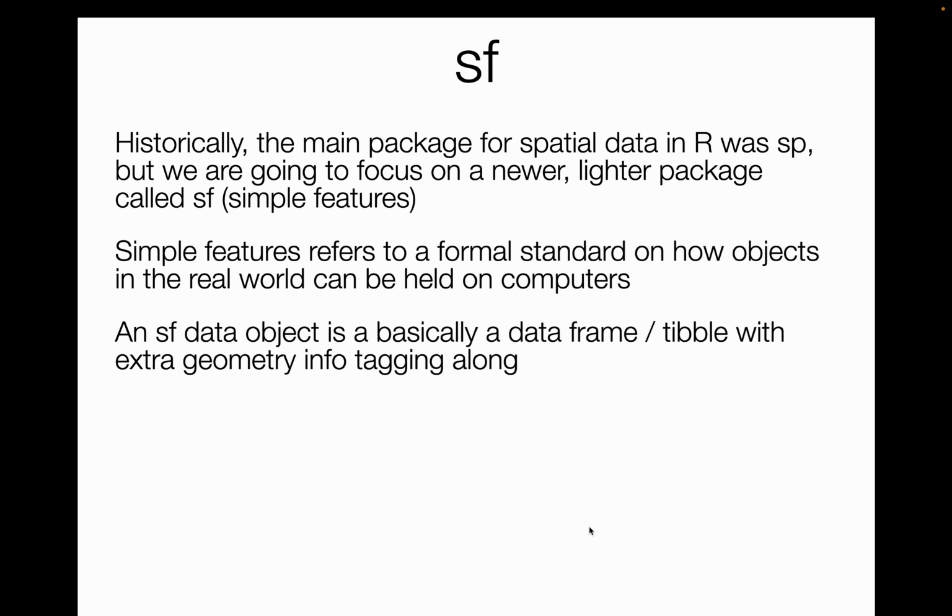An sf data object is basically a data frame or tibble that has extra geometry info tagging along. So it's going to be easy to work with because it's just a data frame or tibble, whatever you want to think about it as, with some extra stuff going with it.